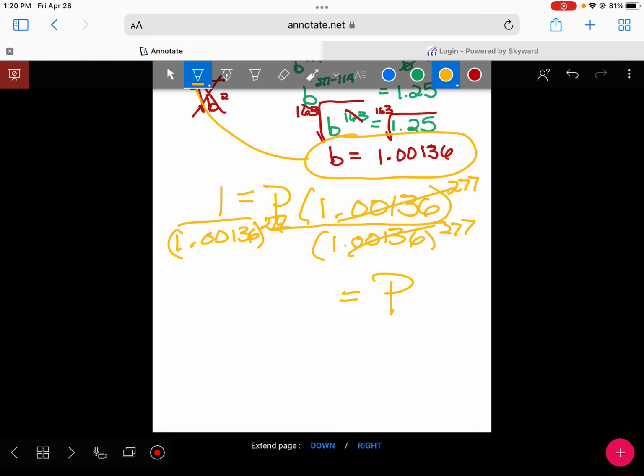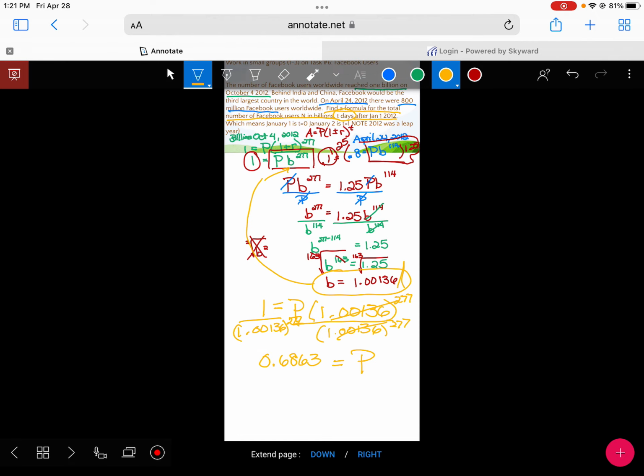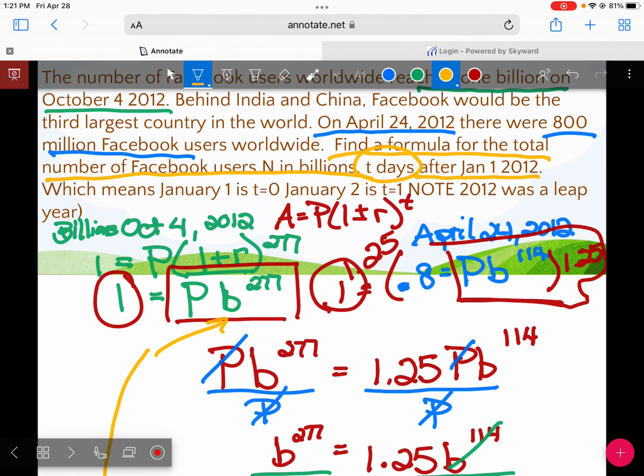It did. What'd you get? 0.686 2 something, so we're going to say 3. 0.6863. Okay? So now, going back, we've got our P value, we've got our B value. Here's what we're supposed to find.